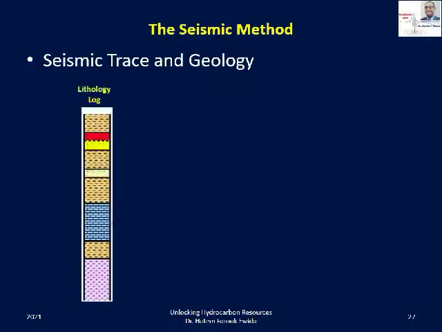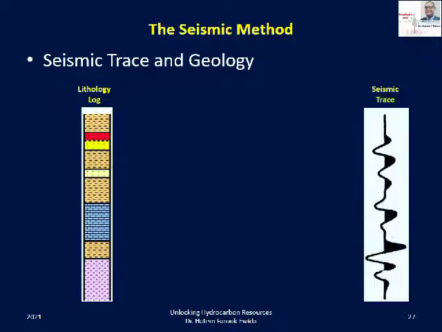So how can we have this seismic trace? If I have this lithology log, which represents different types of rocks, this will be the seismic trace, peaks and troughs, as we just said.